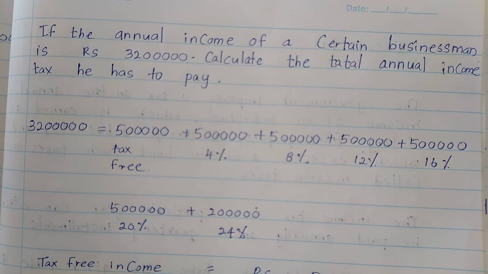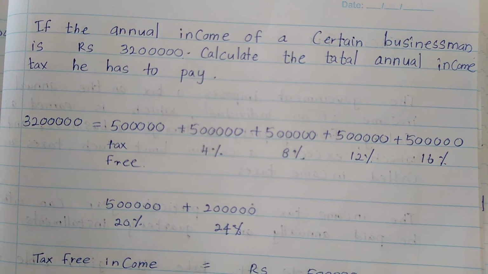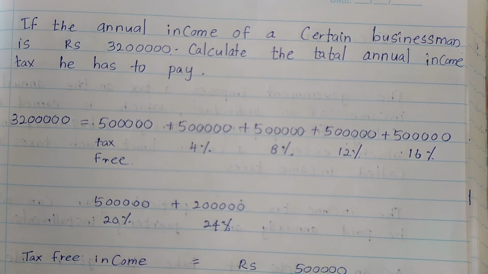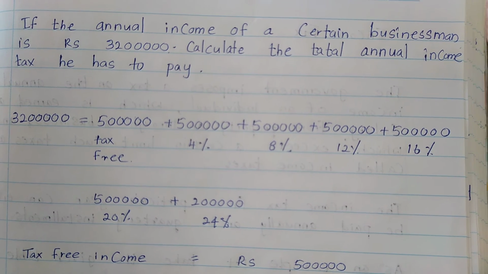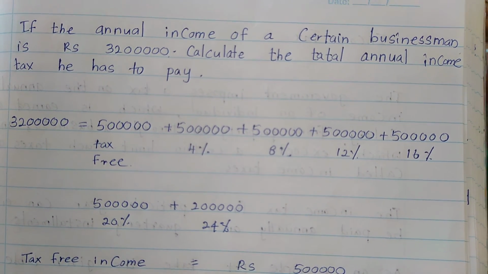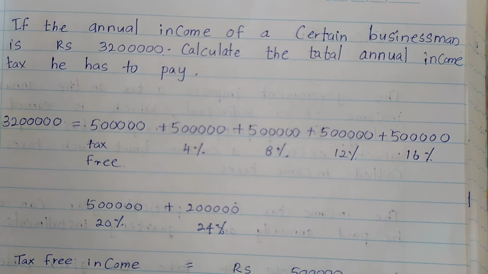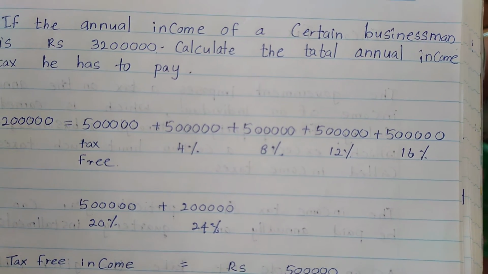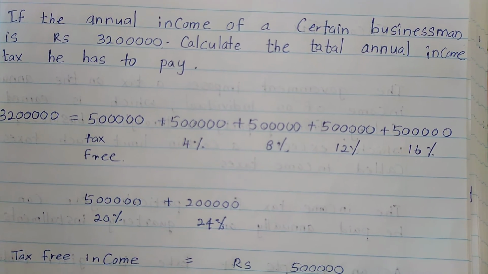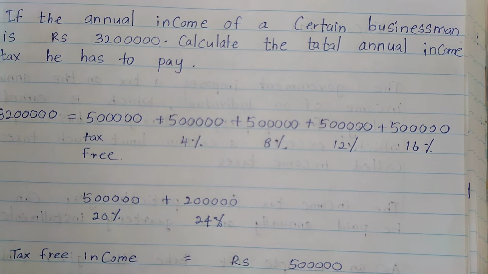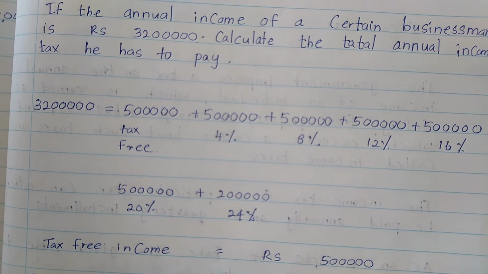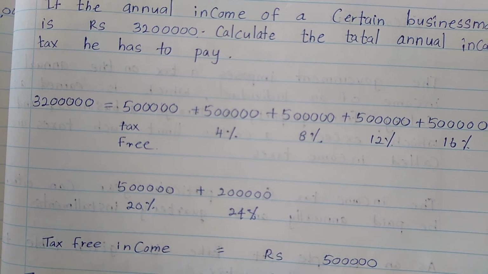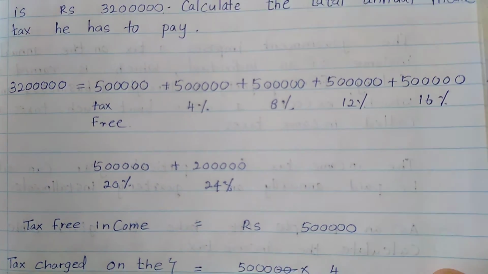We can break this 32 lakh into 5 lakh plus 5 lakh plus 5 lakh plus 5 lakh plus 5 lakh plus 5 lakh plus 2 lakh. First 5 lakh tax free. Next one charge 4%. Next one 8%. Next one 12%. Next one 16%. Next one 20%. Last 2 lakh charge 24%.